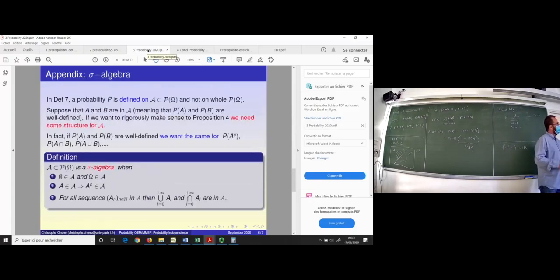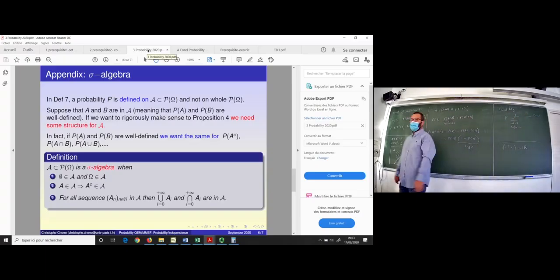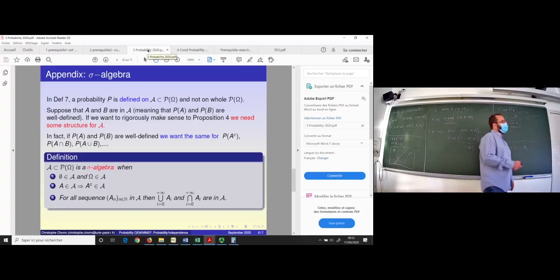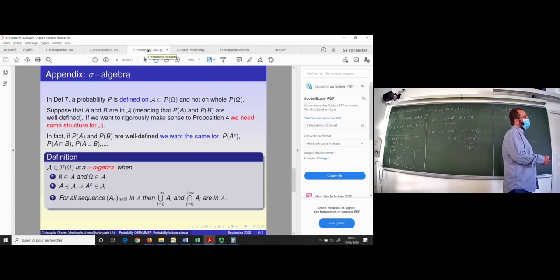And the definition of a sigma algebra is this definition, without a number, because it is not in the scope of the course. So I don't consider it a definition in this course. It will be a set of definition, so a set that contains subsets, fulfilling the fact that I am able to compute the probability of the empty set because the empty set is in the set of definition.